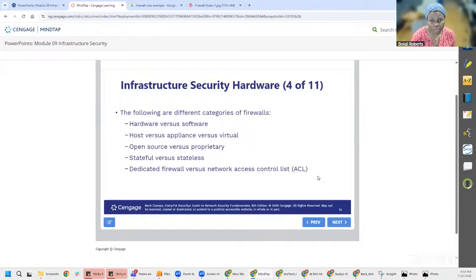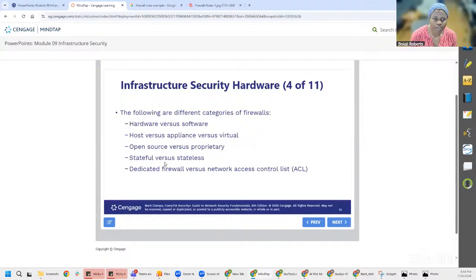I believe some of them are now starting to have software or virtual versions as well, which means, for example, what you see with security groups in the cloud environment, those are virtual firewalls. And there could be open source or proprietary. Open source firewall like pfSense that I shared, proprietary like the Cisco firewall, Fortinet, Checkpoint, FireEye. There are so many of them.